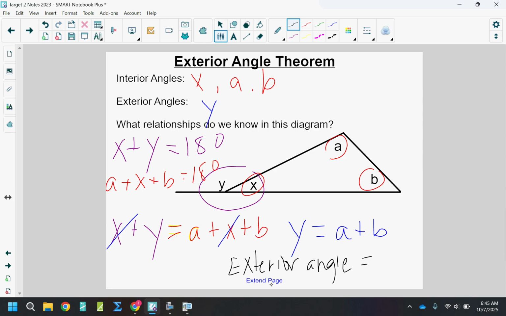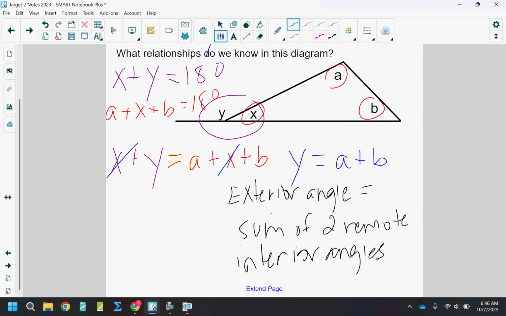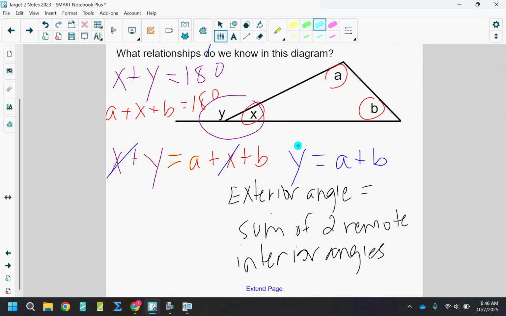So the theorem that you guys need to know is that the exterior angle is equal to the sum of the two remote interior angles. Okay, so what I mean by that, my exterior angle is y.